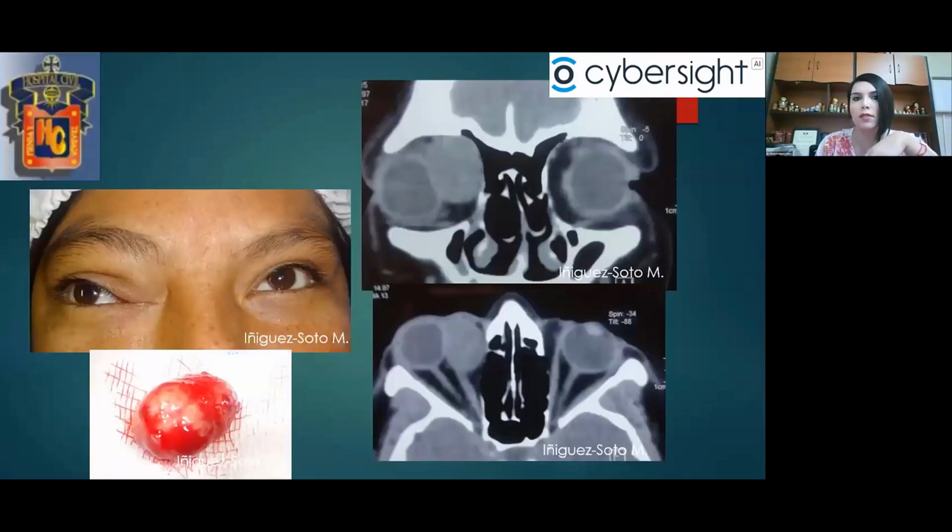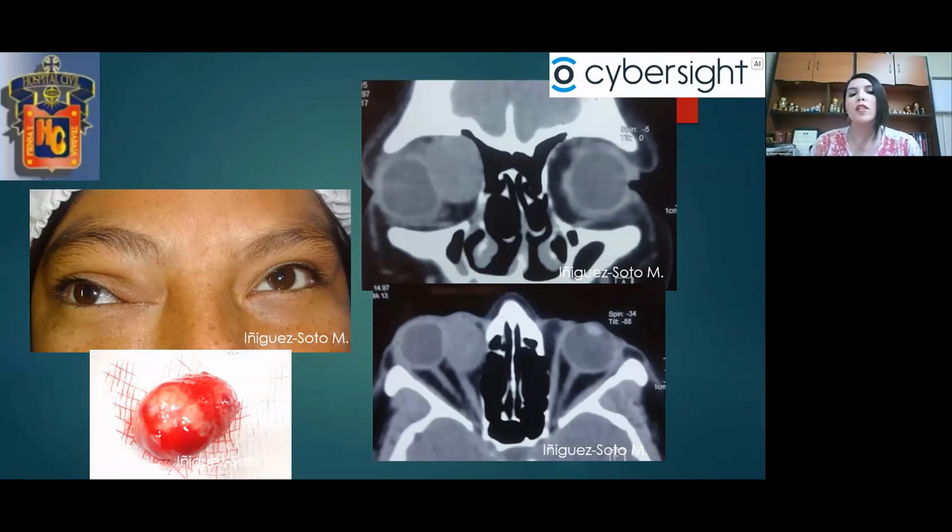This is another patient in which we arrived by the sulcus eyelid too, but even though the approach is the same, the history is different. This tumor is pushing the eyeball, and this patient had neurofibromatosis.